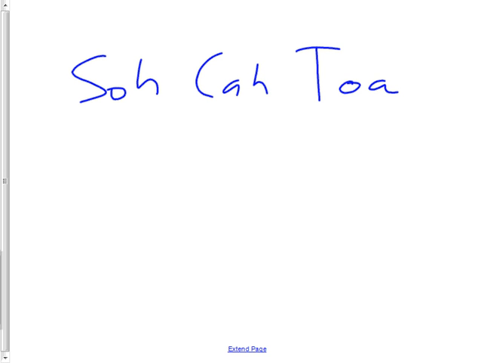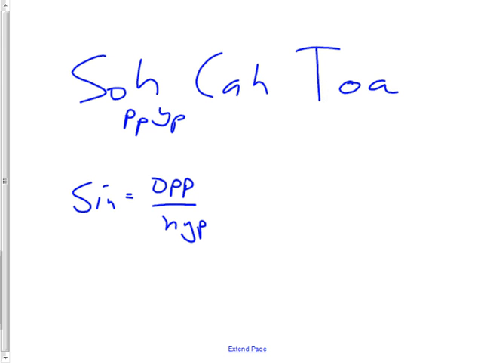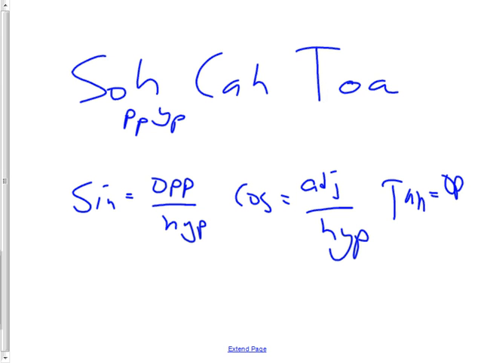And sine is the opposite over the hypotenuse. So sine equals opposite over hypotenuse. Cosine is equal to adjacent over hypotenuse. And tangent is equal to opposite over adjacent.